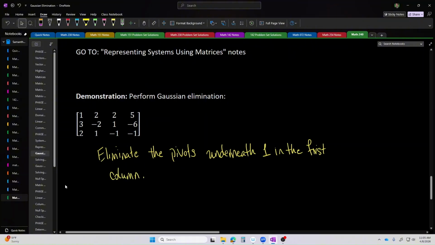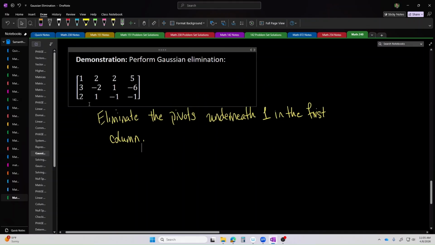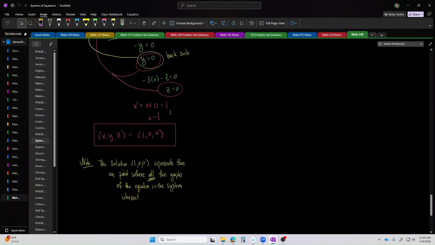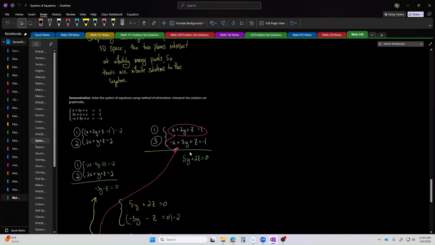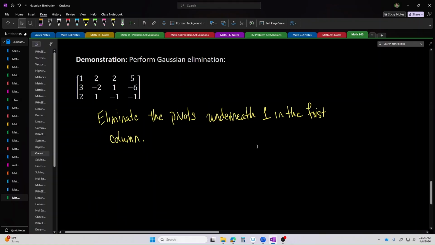If you think about this through the lens of solving a system of equations, what we're essentially doing when we are eliminating these pivots underneath 1 in the first column is we're trying to eliminate the x's from the second equation, and we're trying to eliminate the x's from the third equation. So this is analogous to what we did at the end of our method of elimination review, where we eliminated the x's as our first step in that solving process.